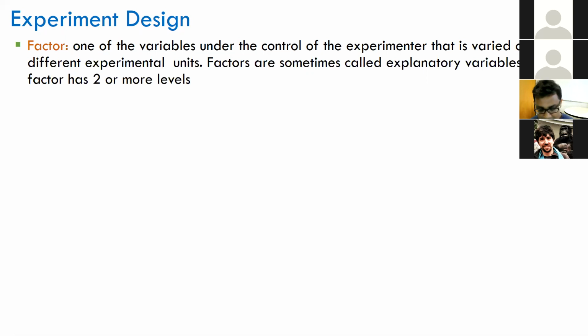For example, let's say the effect of pesticide on plant growth. Your explanatory variable is pesticide, which is a factor, right? And then you measure the plant growth, which is your dependent variable.